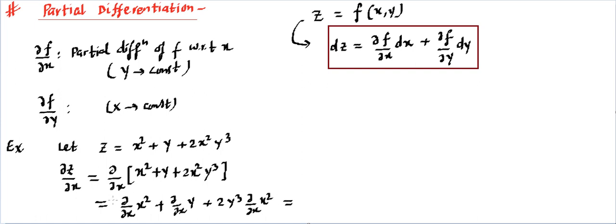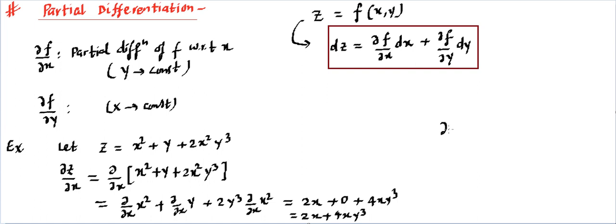So this will be simplified: the first term will become twice x as per the differentiation rule, and the second term will become 0 because y is being treated as a constant in partial differentiation, and the third becomes twice x, so 2 and 2 become 4, so 4x y cube. So that becomes our answer. So ultimately it comes out to be twice x plus 4 times x into y cube.